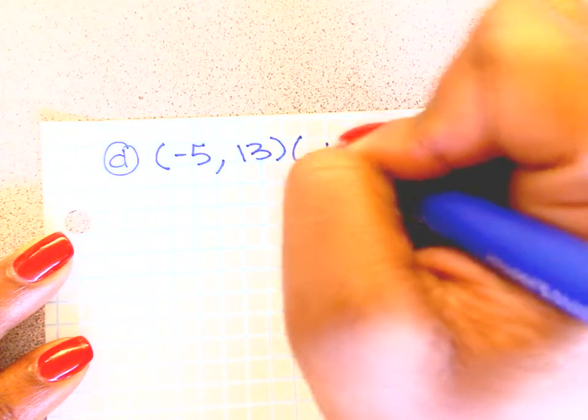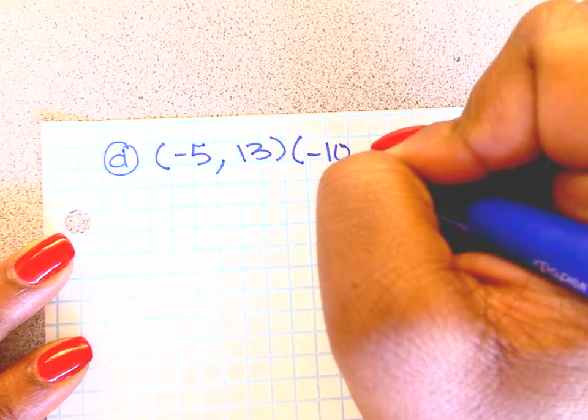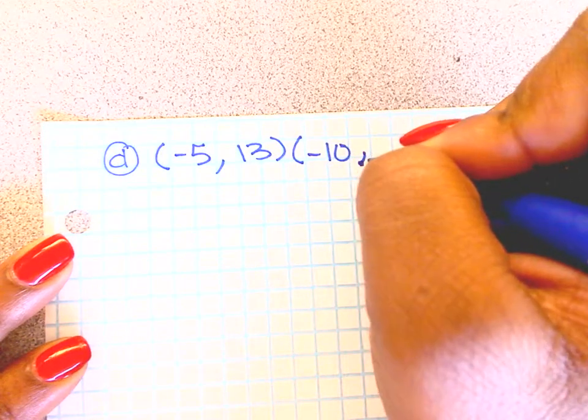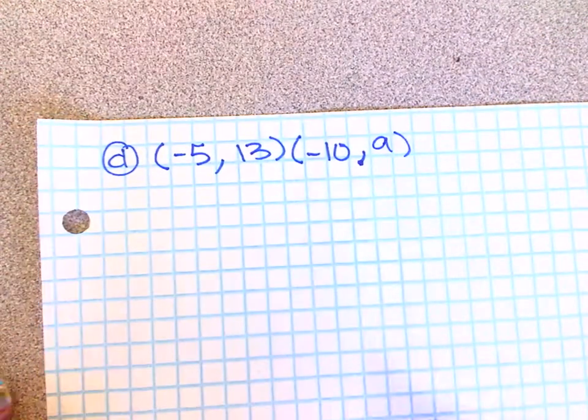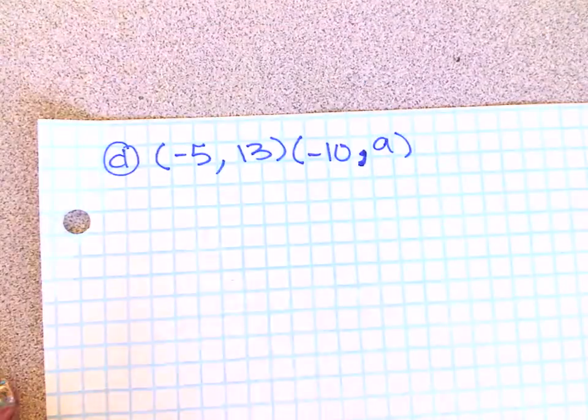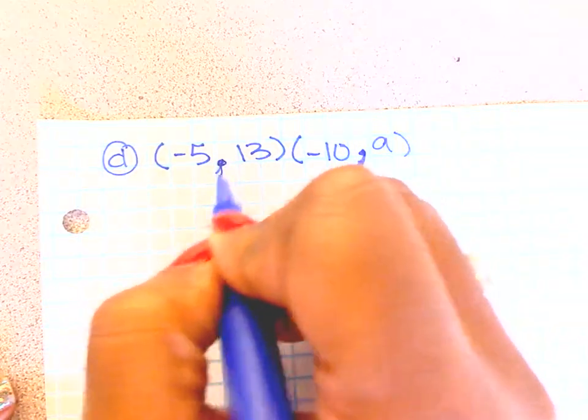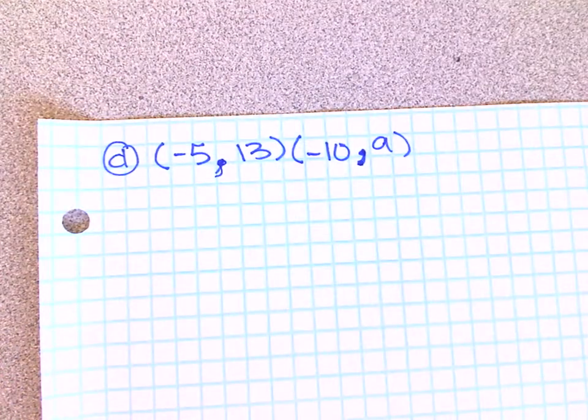One more in this example, then we're moving on to the last example. They give us -5, 13, and they give us -10, 9.